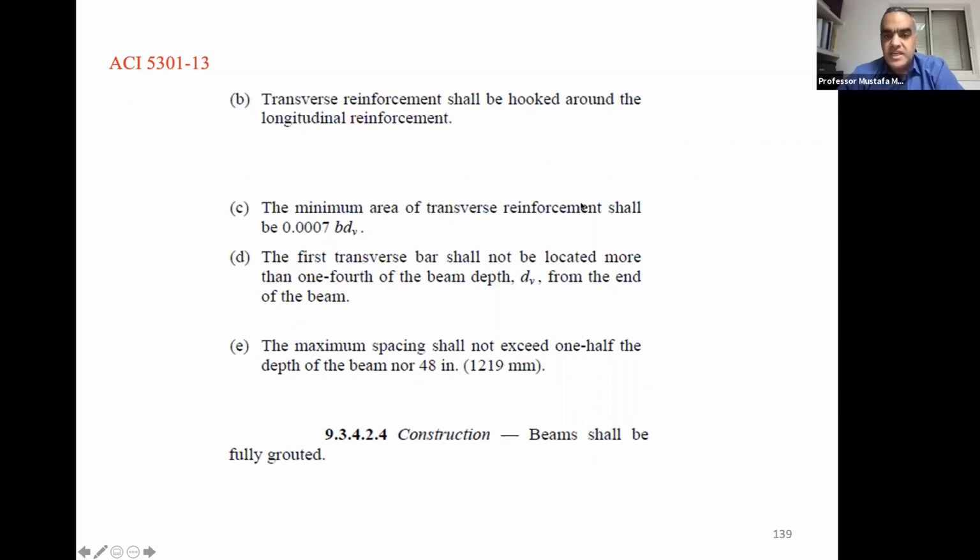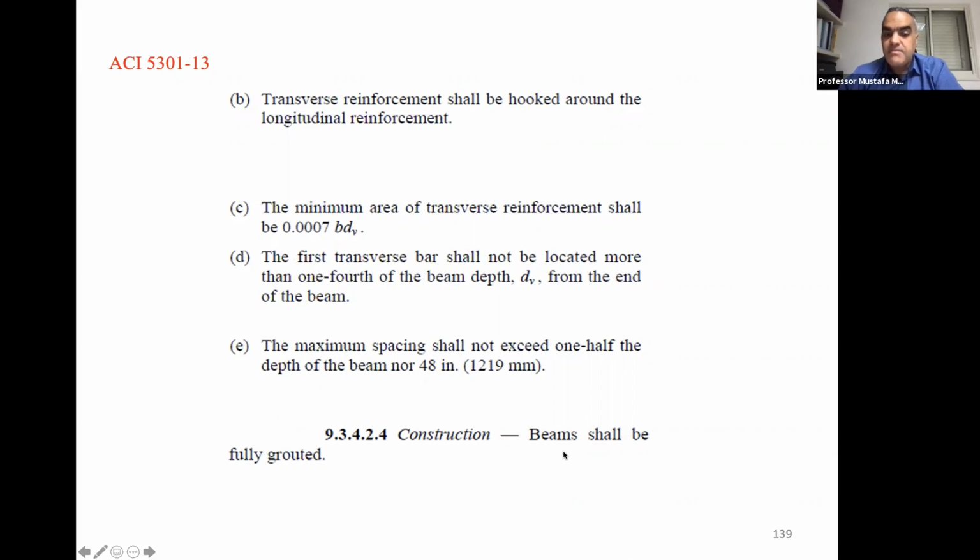The minimum area of transverse reinforcement is 0.0007 times B times D, where D is the effective depth for shear. The first transverse bar shall not be located more than 1/4 of the beam depth from the end. The maximum spacing shall not exceed 1/2 the depth of the beam, or 48 inches. This is similar to what we showed before.